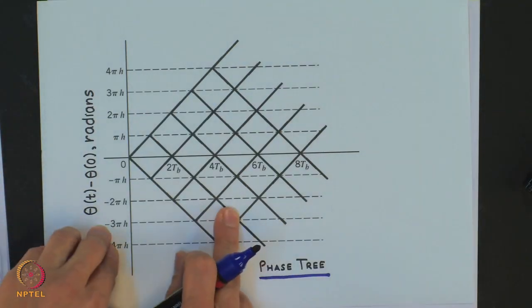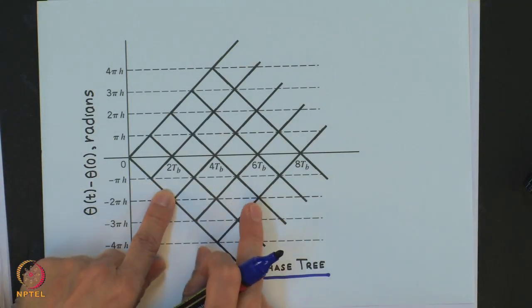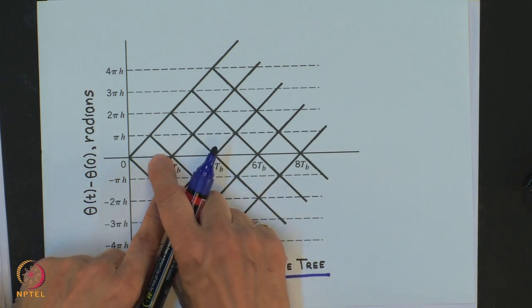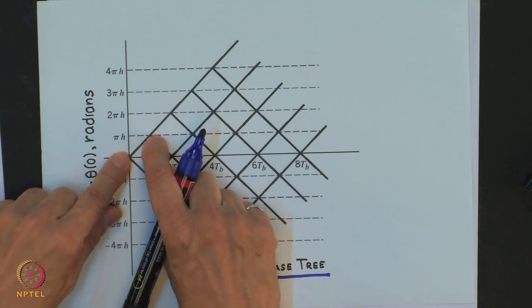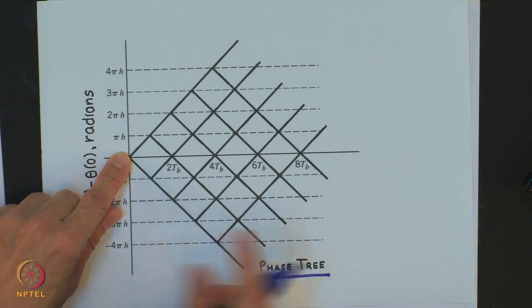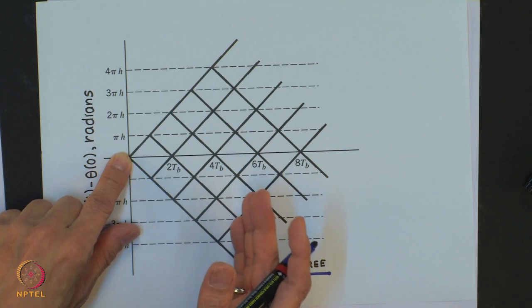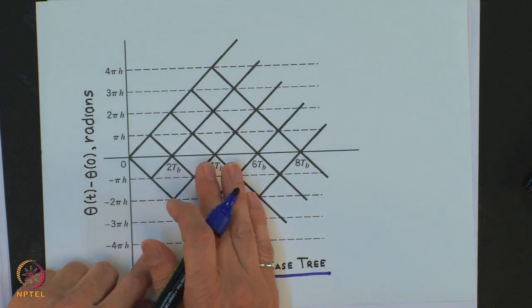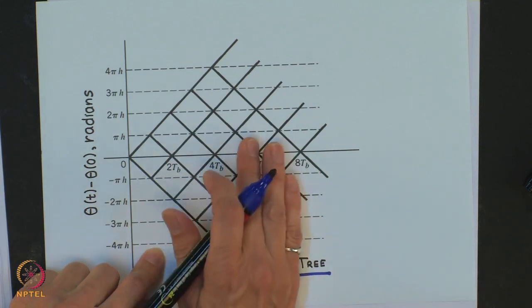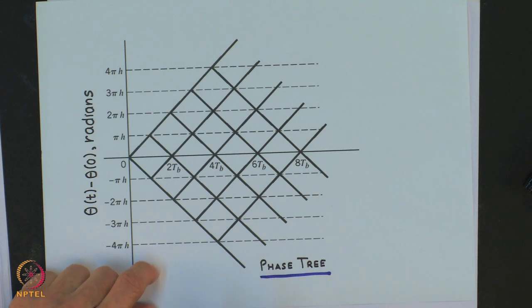According to this figure, the phase change over 1 bit interval is plus or minus pi radians, but a change of plus pi radians is exactly the same as a change of minus pi radians modulo 2 pi. So, this implies that in Sunde's FSK there is no memory, that is, knowing which particular change occurred in the previous bit interval provides no help in the current bit interval.